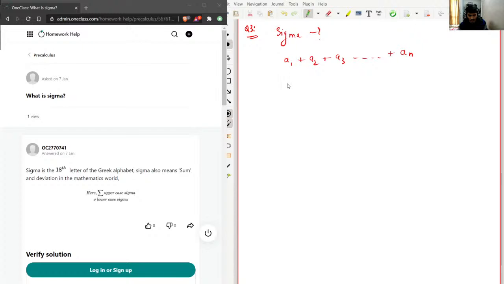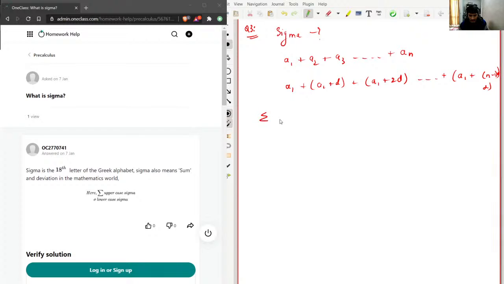Then what we do, we'll write a2 in terms of a1. So a2 is a1 plus the common difference d, then a1 plus 2d, continuing to a1 plus n minus 1 into d.